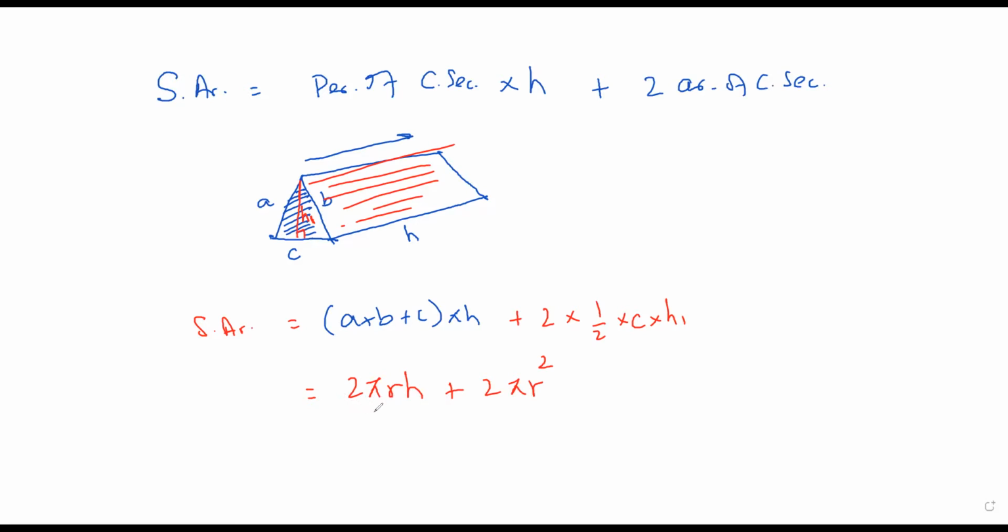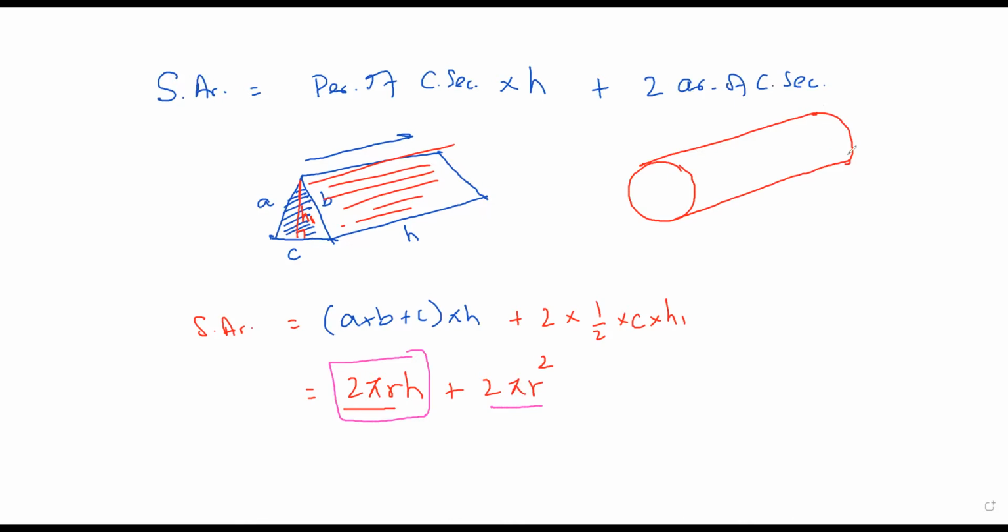The reason is that 2 pi r is the circumference of the cross section. So if this is a cylinder like this, then the curved surface area is going to be 2 pi r h, plus the flat area, twice pi r square.